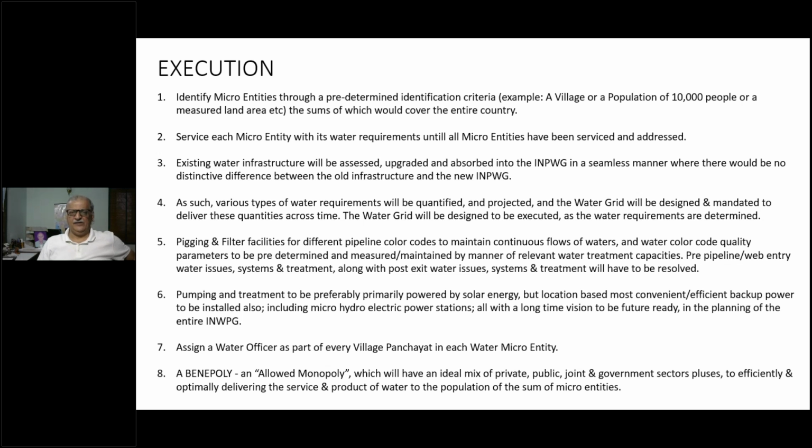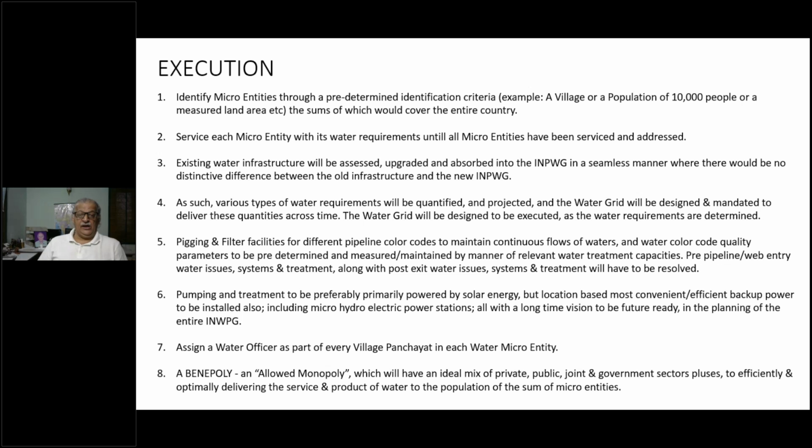In my example, I've said, say, a village or a population of 10,000 people, or say an area of 10,000 acres or more, any micro entity which the scientists and the statisticians decide on, in consensus, to decide how much water has to be supplied to that micro entity. And this should cover the entire country.